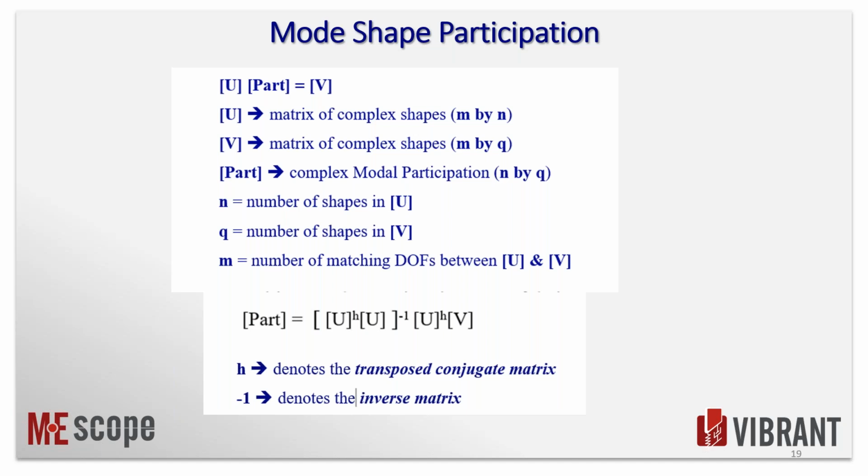Here's a little bit of mathematics for your mathematicians. This is showing what we call mode shape participation. So I've got a matrix of mode shapes here called U, a matrix over here of mode shapes called V, and a matrix of numbers in between, which we call participation of U in V. So these are complex mode shapes, magnitude and phase.